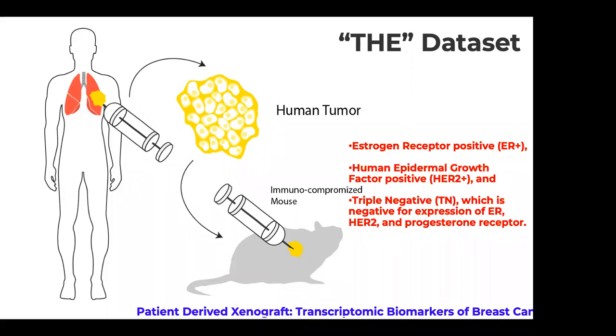Triple negative means negative expression for ER, HER2, and progesterone receptors. These are biomarkers which tell you about the presence of a particular tumor type or not. So if someone is triple negative, that means that person does not have them.